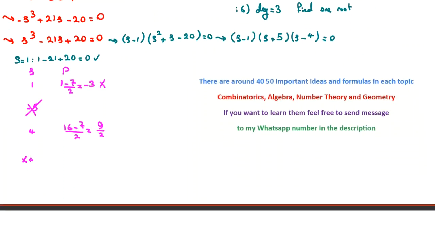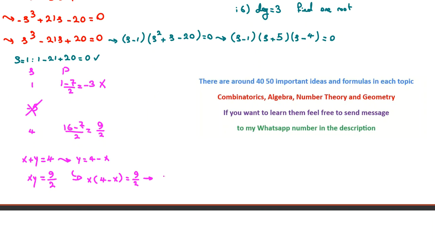Now, x plus y is 4 and xy is 9 over 2. So we want to find x and y, then we can find a and b. For this part, again, we use replacement. Also, we can use Vieta's formula, but with replacement, it's so much more basic. Y equals 4 minus x, and if we replace here, x times (4 minus x) equals 9 over 2.